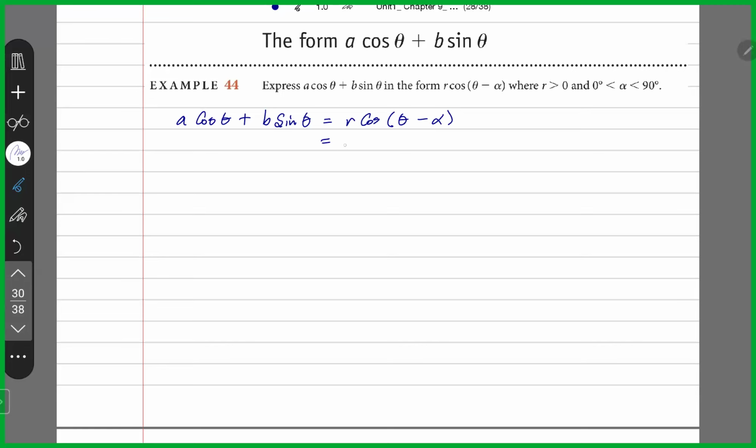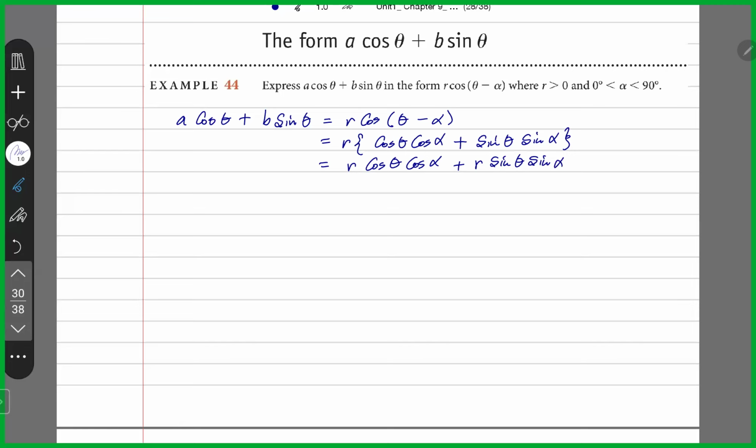So this becomes R times cos theta cos alpha plus sine theta sine alpha. Distributive law, I'm going to have R cos theta cos alpha plus R sine theta sine alpha.